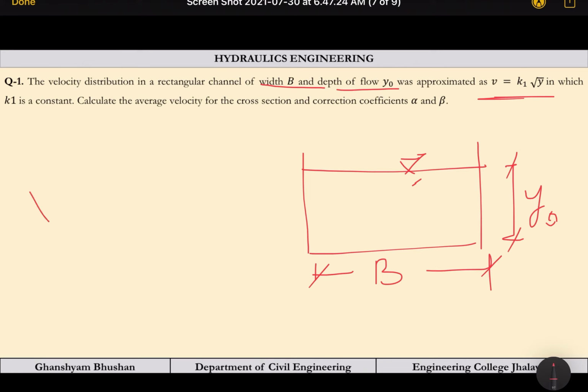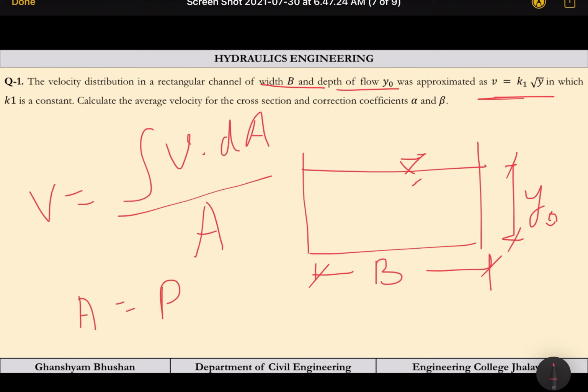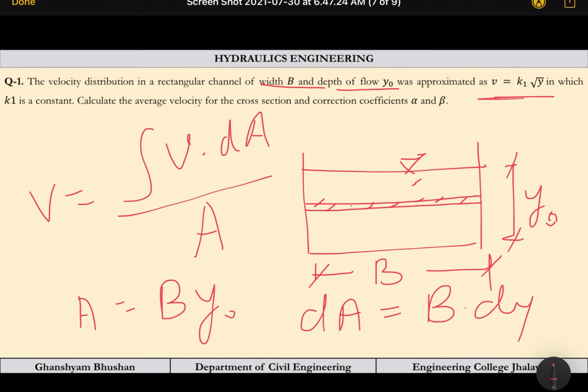So what was the velocity? Mean velocity is nothing but v dA divided by A. So A is nothing but b into y0, and for a constant width we can take a small dA. dA will be what? b into dy.